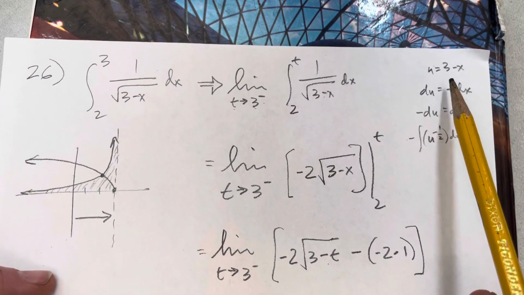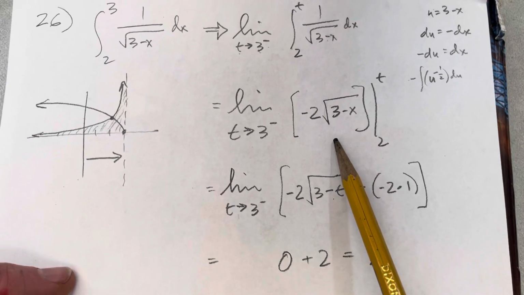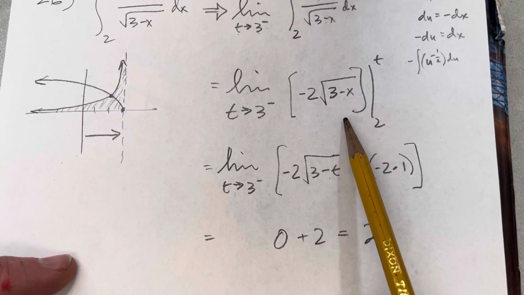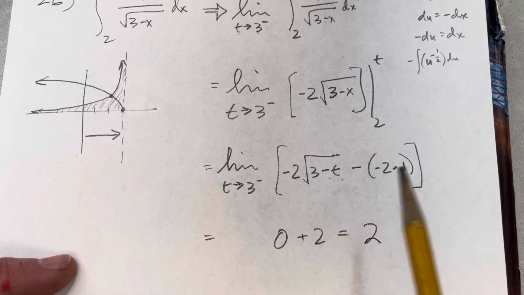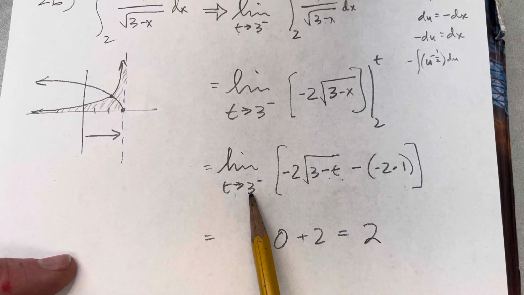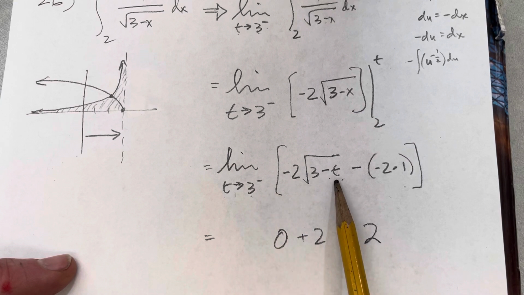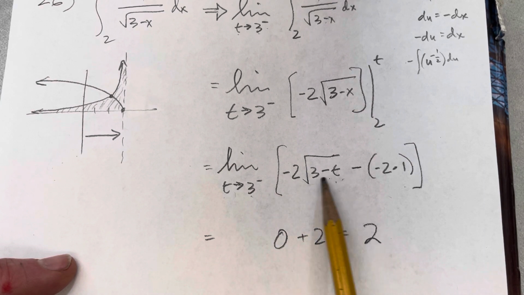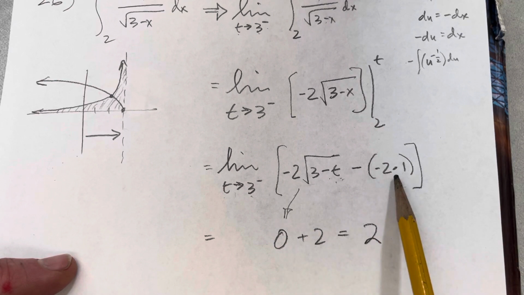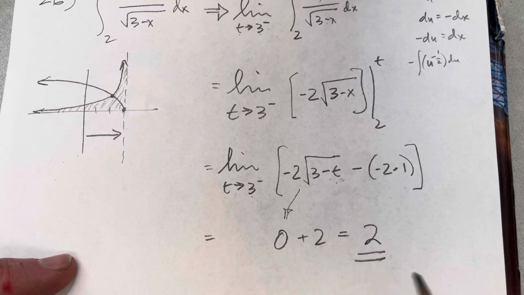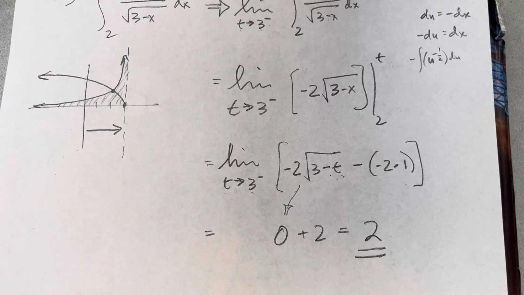Again, I can do it as a little mini u sub. I wind up with this as the integration with these bounds. I plug in my t and my 2, and I just let t get closer and closer to 3 from below. 2.99, 2.999. This stays positive, it gets to 0, so this part goes to 0, and then this part just goes to 2. So there's your definite integral, improper though it is.